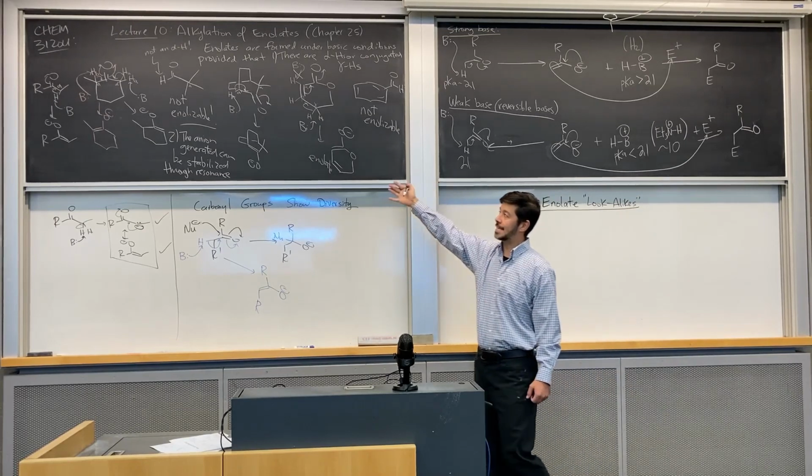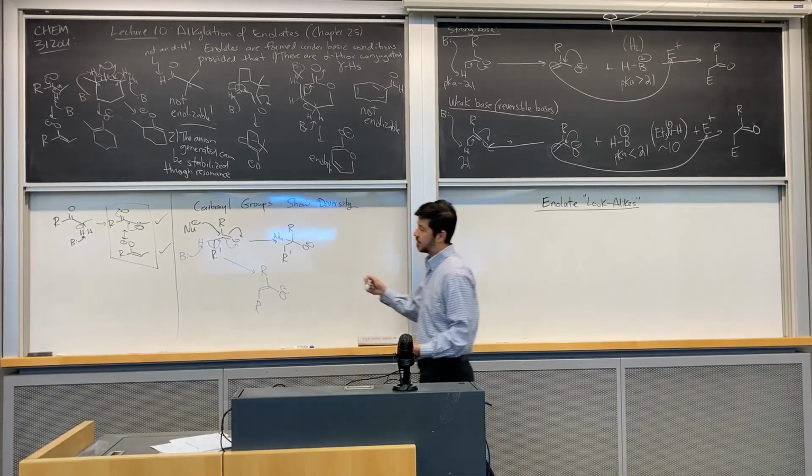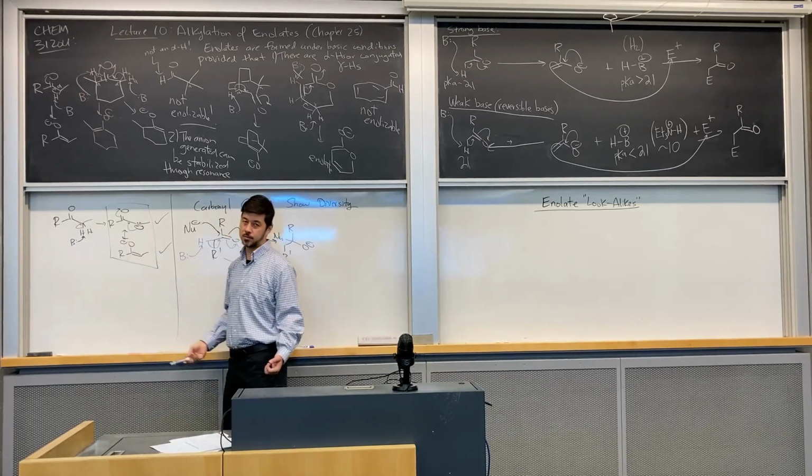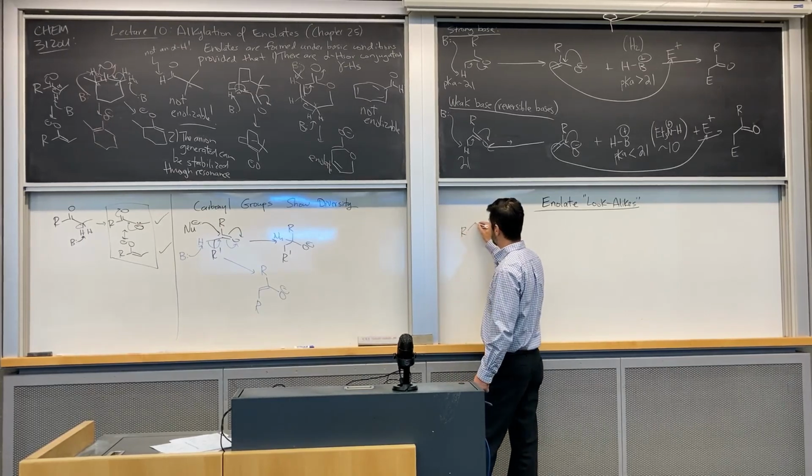Basically, what you've seen is that an enolate can form because the carbanion can be stabilized through this electron withdrawing group. So are there other groups that can be used in a similar fashion?